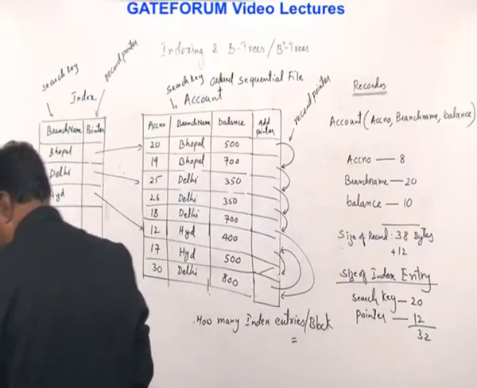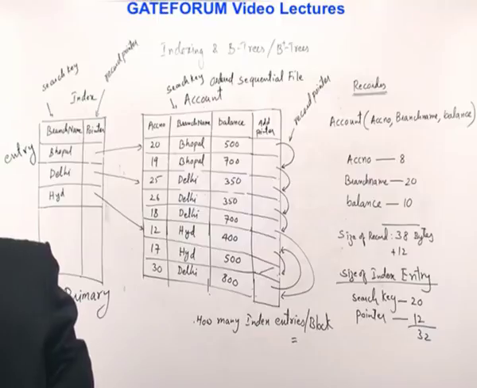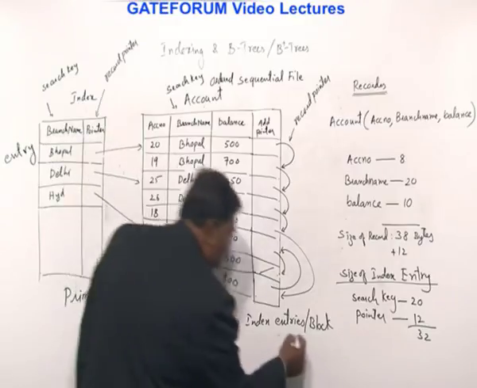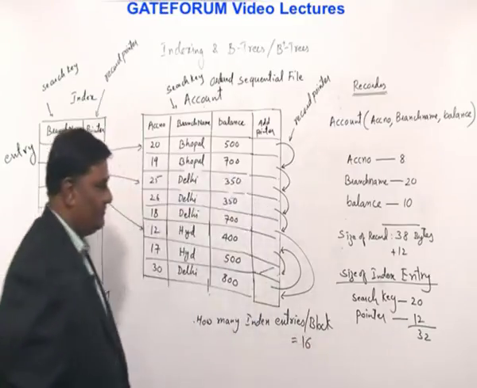How many index entries per block? So 512 divided by 32, we got 16 entries per block.